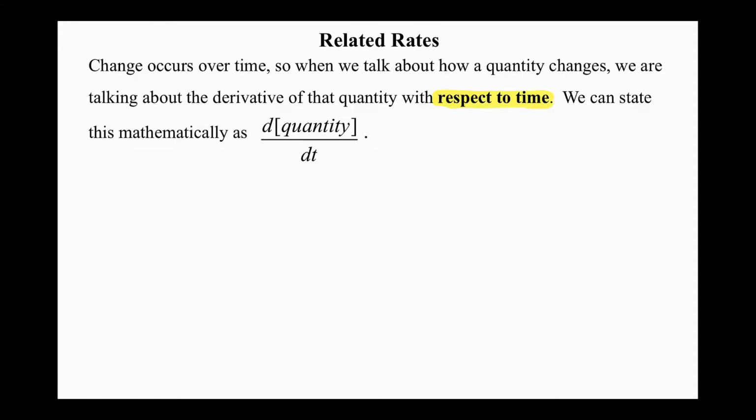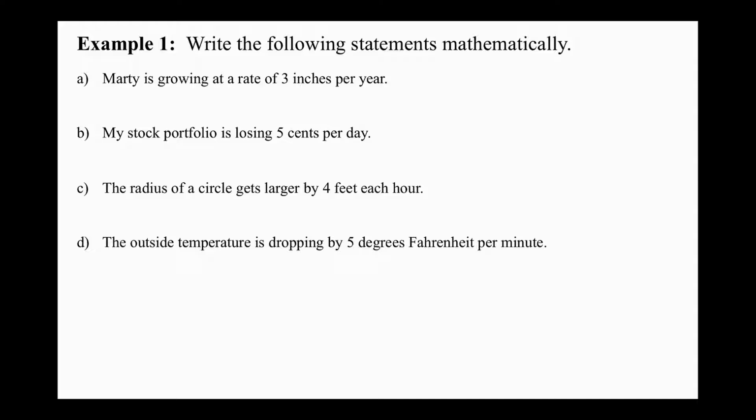So what do I mean by that? Well, they already are rates, but we're going to convert them into derivative notation. Example number 1: Marty is growing at a rate of 3 inches per year. The quantity is inches, and then there's the time, right? We're used to writing it like this: 3 inches per year.